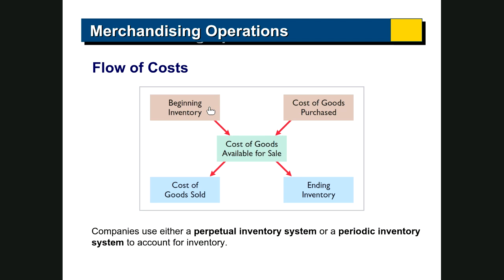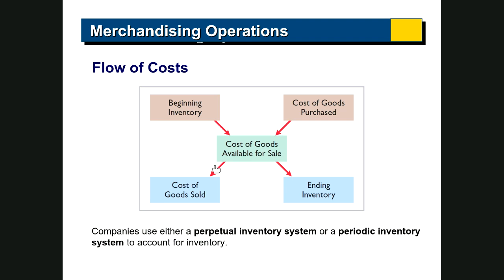And then during the month, they're going to buy more inventory. So you have beginning inventory, and then you have cost of the inventory you purchased, right? You add those together, and what we call that is cost of goods available for sale, right? So you have 5 boxes in the beginning inventory, you buy another 5 boxes, now you have 10 boxes available for sale. You follow? Each one, if it costs you $100, you have $1,000 worth of costs of goods available for sale. Following?